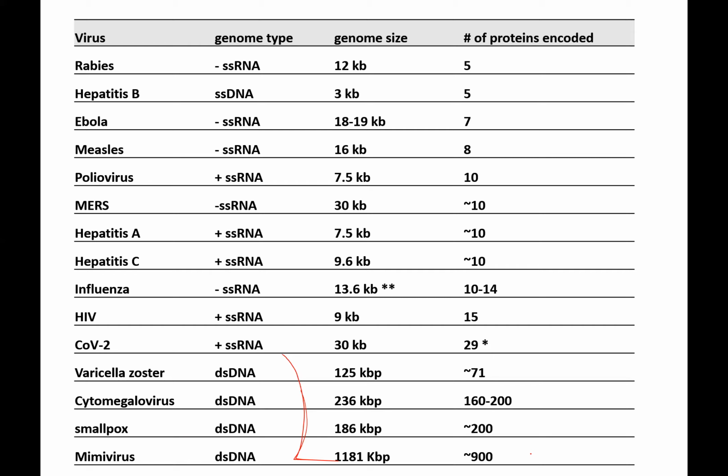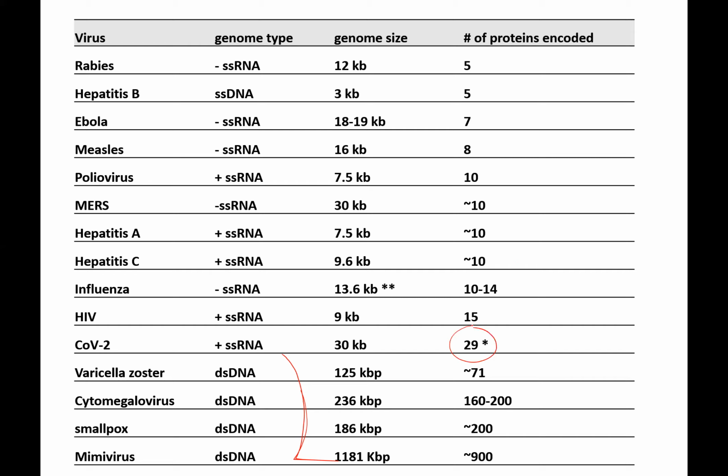Really strange. These viruses infect other single-celled organisms, so they're not human viruses. But smallpox and cytomegalovirus are definitely human disease causing, and they encode a lot of proteins, 160 to 200, which is quite a lot more than most of the viruses we deal with.